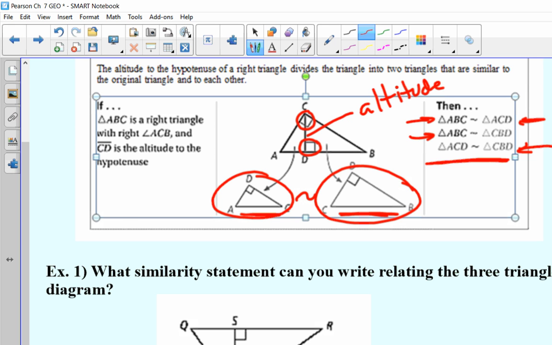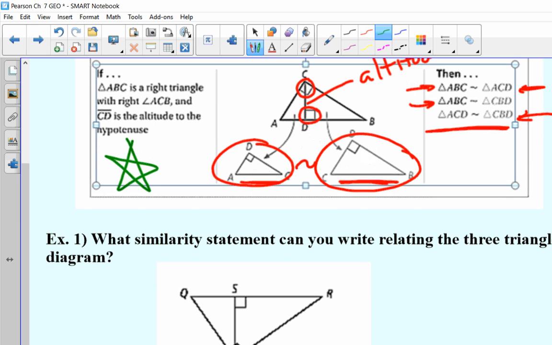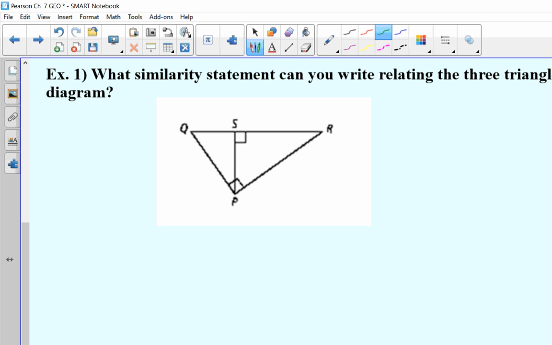Another one that you have to come back to and know, because it gets used a lot. All right, now we're going to take a look at this. What similarity statement can you write relating the three triangles on the diagram?